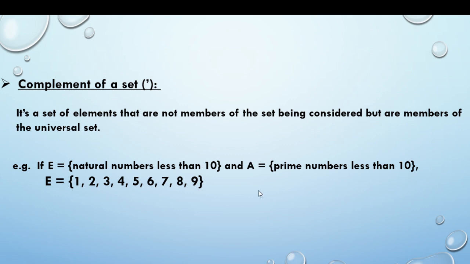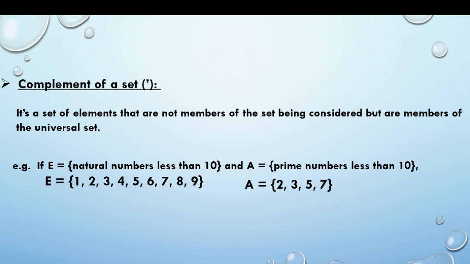Then what are prime numbers? Prime numbers are actually numbers that are divisible by 1 and themselves. So prime numbers are numbers which can be divided by 1 and themselves without giving a remainder.